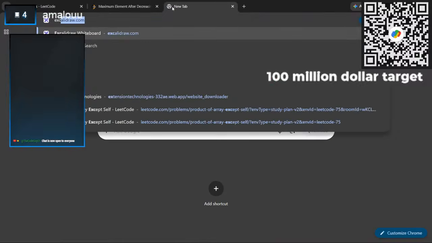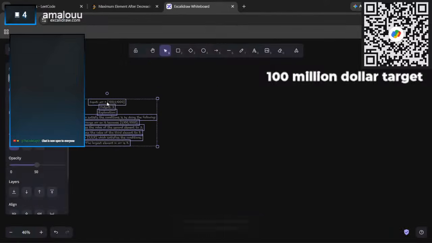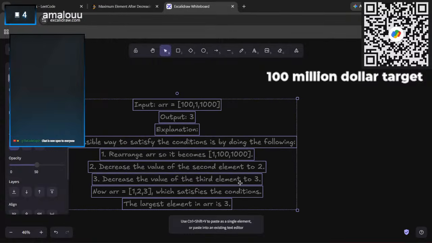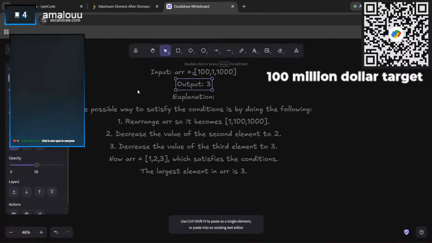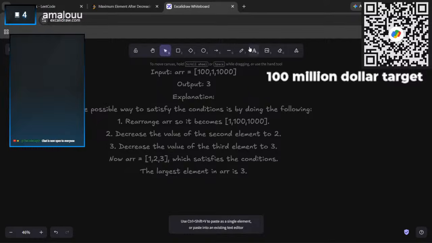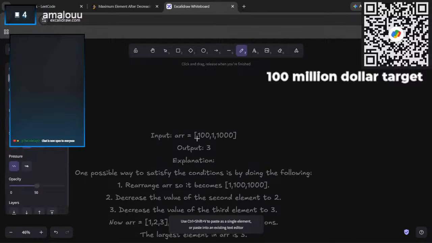I can't even understand the way they converted this thing. Literally, we have 1001 and 1000 again. How is 3 coming in the output?